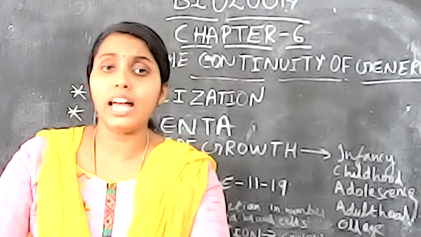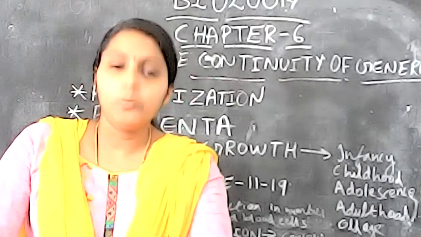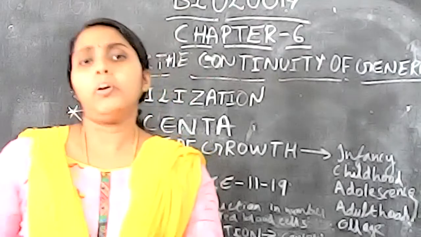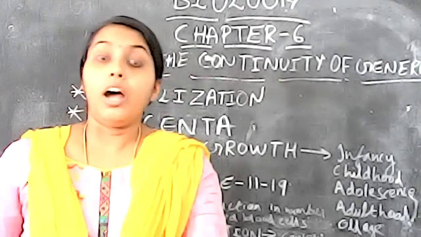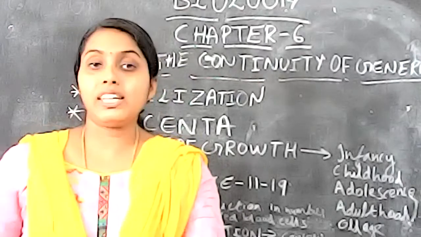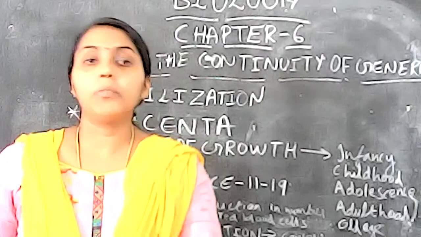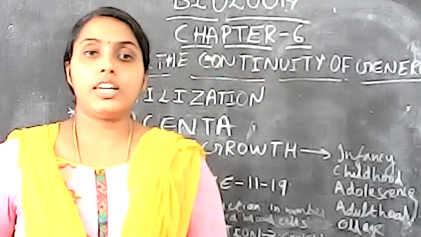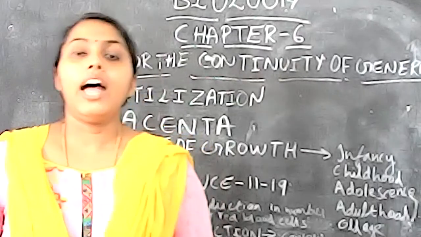So the girls are having more changes than the boys. But both boys and girls will be facing more rapid growth, mentally and physically. They are facing so many changes during this period.